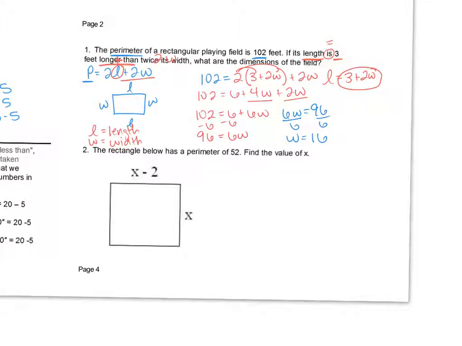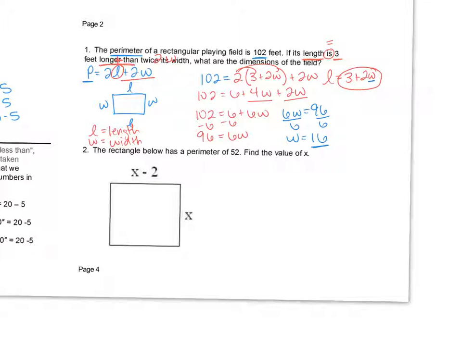Now one thing about these word problems is we always need to make sure that we have answered the question that was asked of us. In this case it says what are the dimensions, plural, of the field. So we not only need to find the width, which we did, but we also need to take that and plug it in where we wrote length in terms of width.